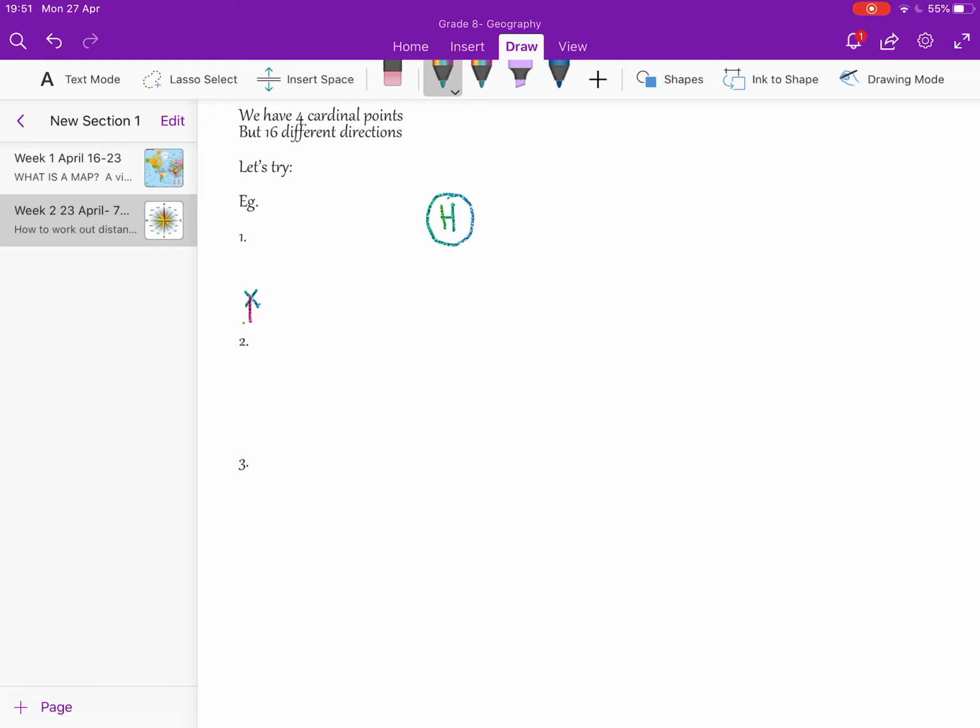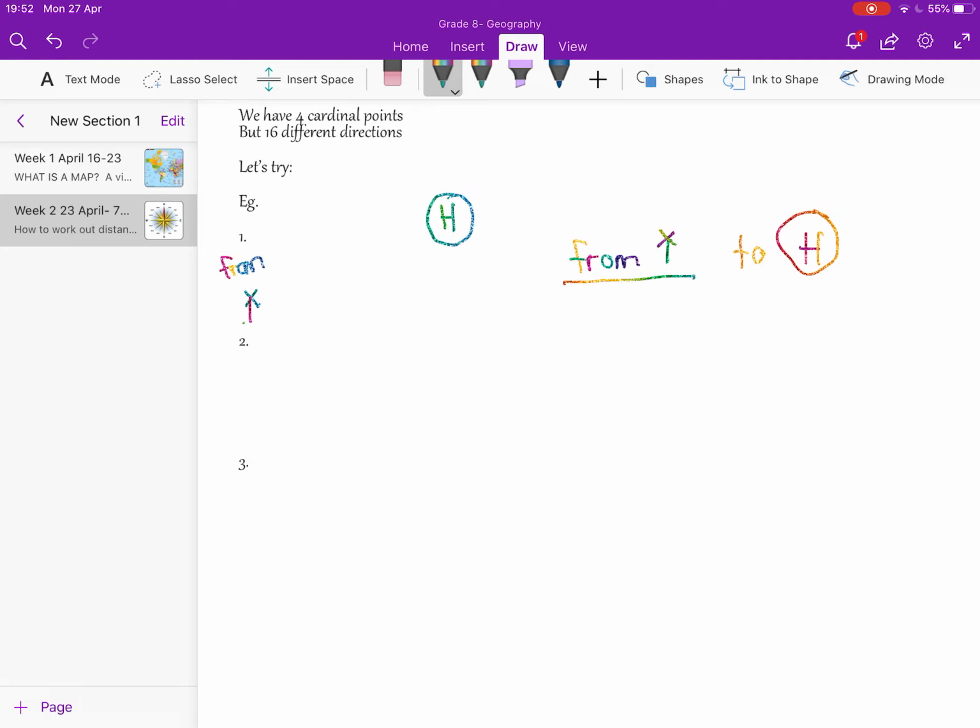So imagine on a map, there's a windmill, there's the hospital, and my question says, what is the direction from the windmill to the hospital? So now a very important step is to identify your from point. So from is the windmill. Okay, so you can even write here above the windmill from. So we are going to start reading from this point.